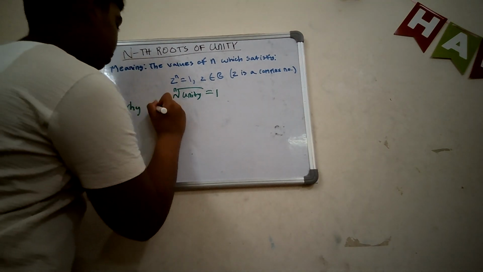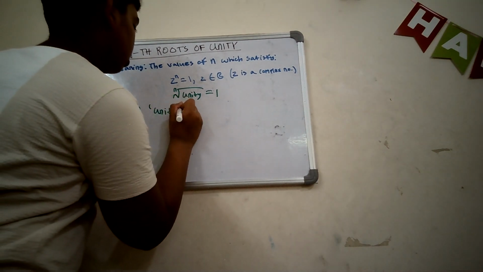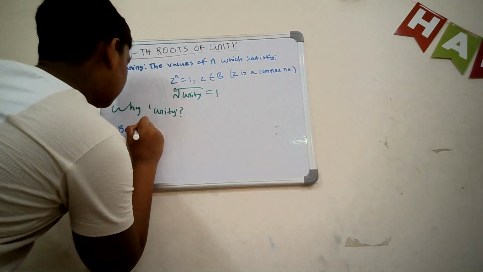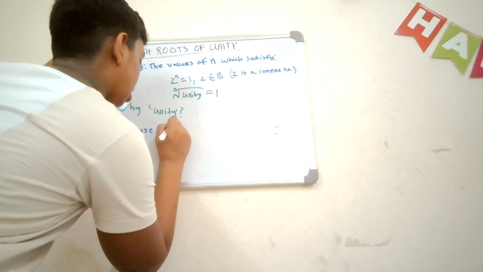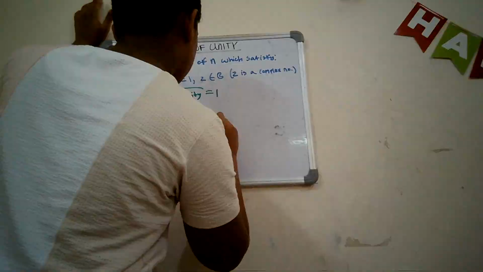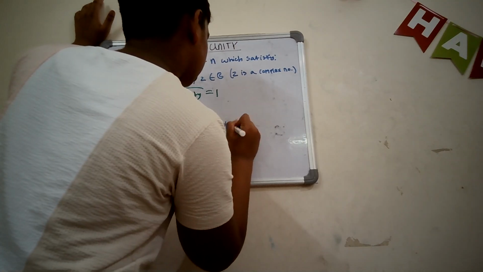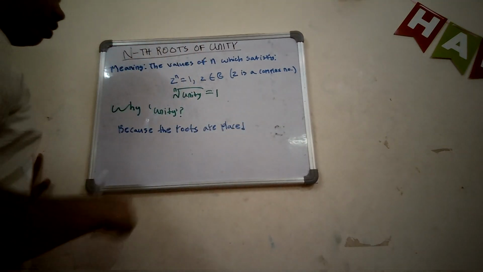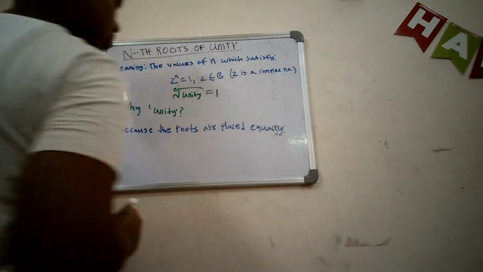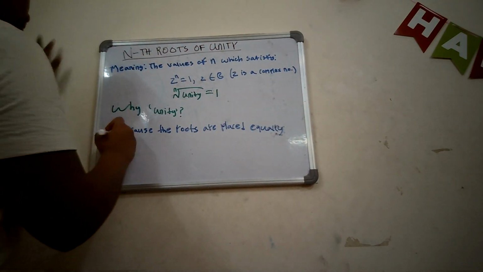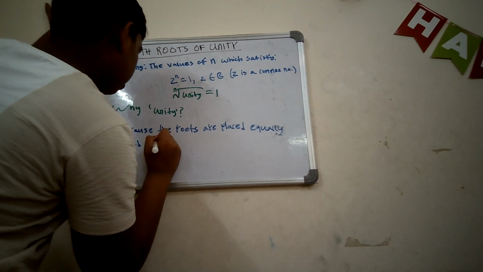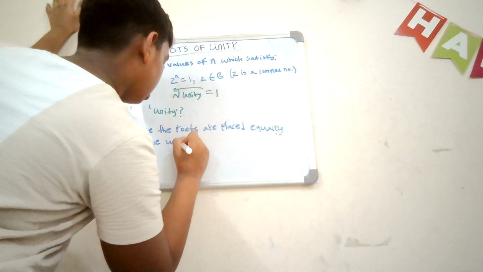Why unity? Because the roots are placed equally around the unit circle.